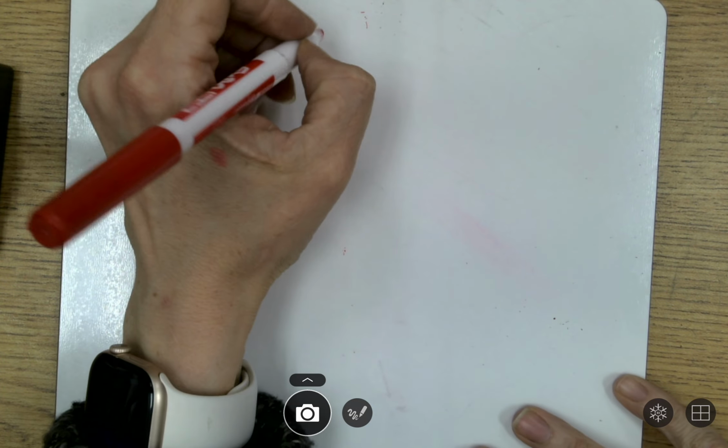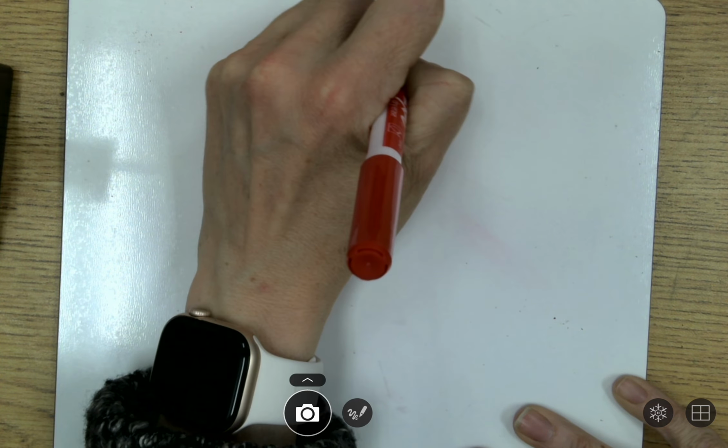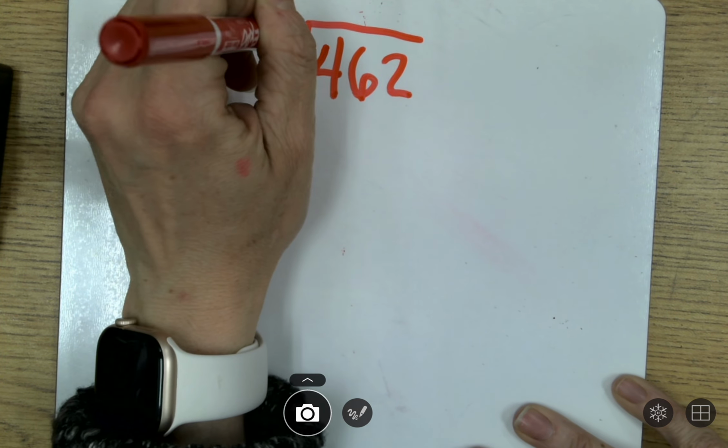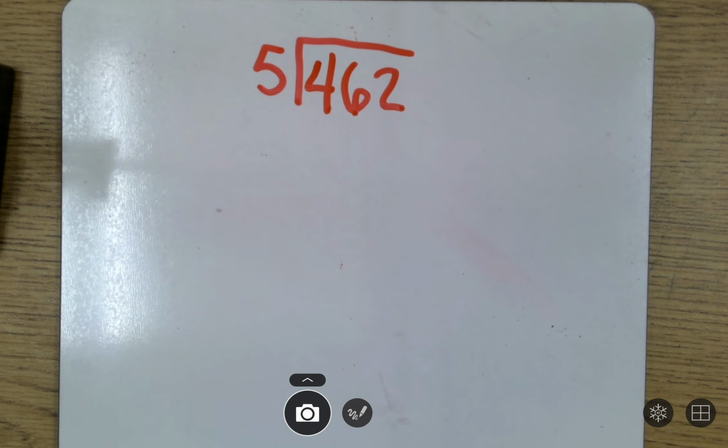And if you get stuck or anything, press play. Okay, let's do 462 divided by 5. Okay, pause the video now because I'm going to keep going.